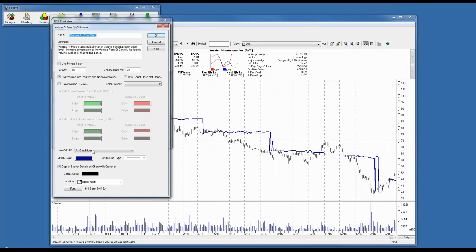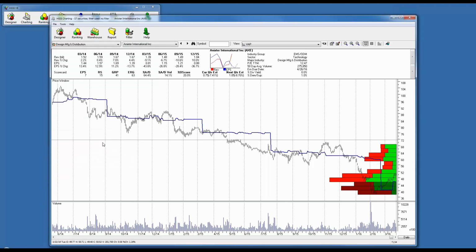The VPOC line, even though you're not drawing the volume bars, still does use the number of volume buckets. So if you were to lower the number of volume buckets, you actually get a very different kind of chart.